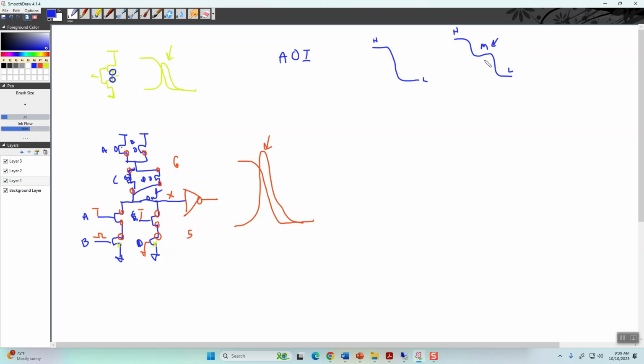And it's helpful to realize that the slope here at these points is -1. That's what makes it a logic gate. Anything in here has a high gain, right? Because V out, the slope of this is the gain.